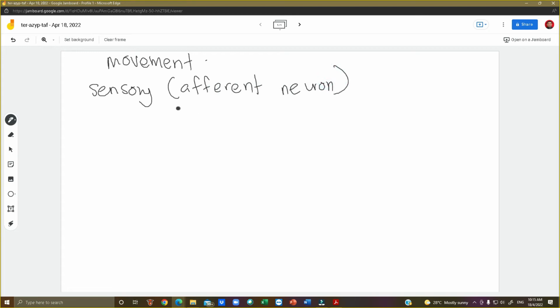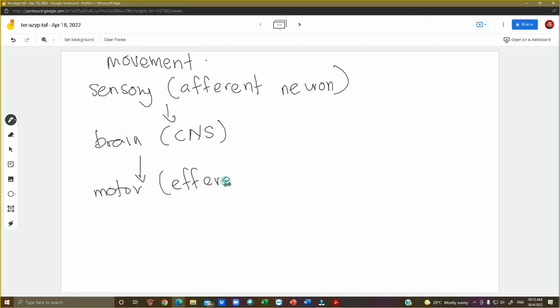Send the sensor to our brain or central nervous system, which will make the computation and send the impulse back to our motor or efferent neuron, and from the motor it will activate our motor unit.